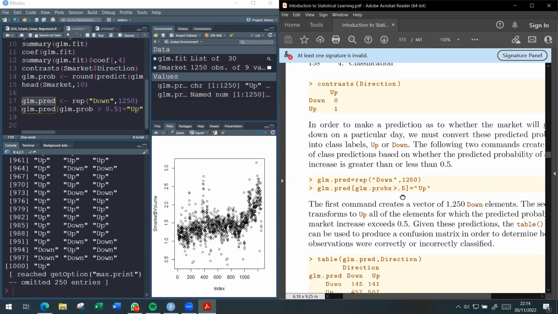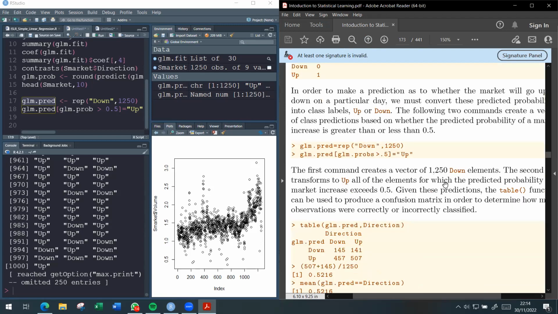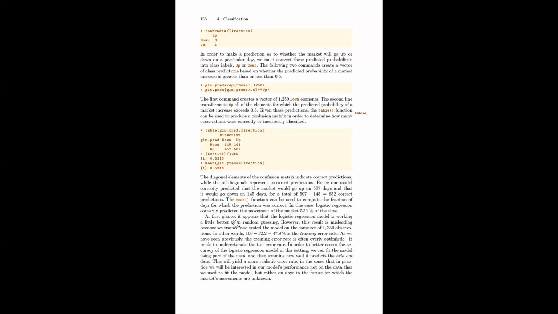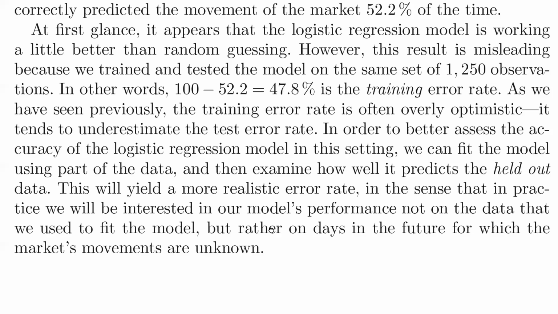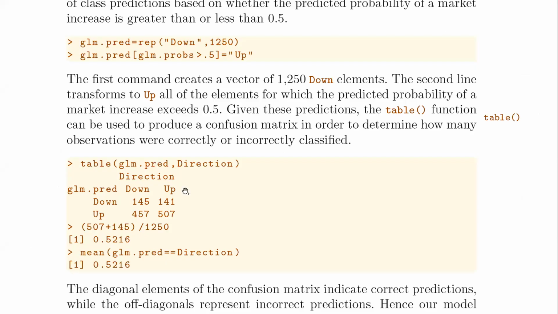The first command creates a vector of 1250 down elements. The second line transforms to up all of the elements for which the predicted probability of a market increase exceeds 0.5.